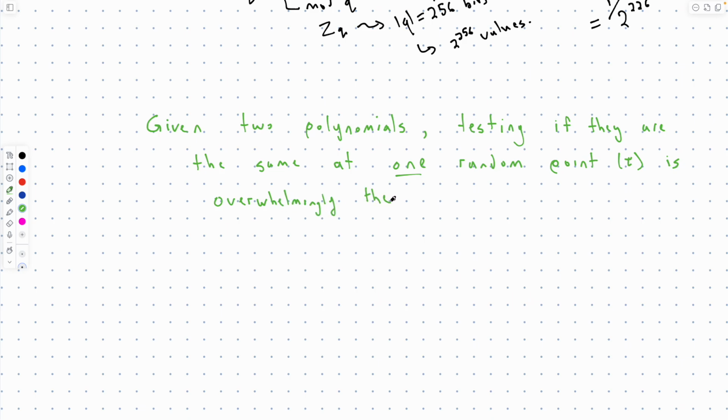So it's not 100%, it's not exact, but you're 99.9999999% sure. So close to being 100% that you might as well not even bother. So given two polynomials, testing if they're the same at one random point is overwhelmingly the same as testing if they are the same polynomial.